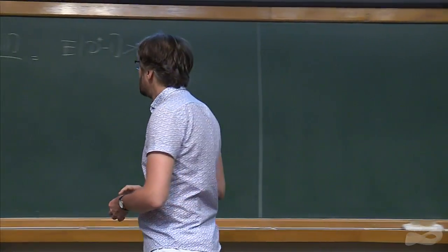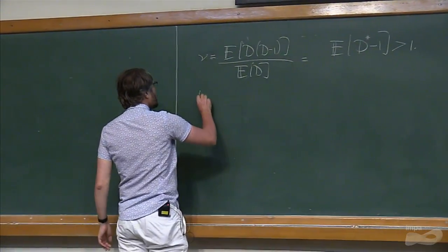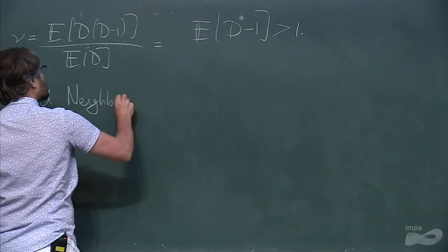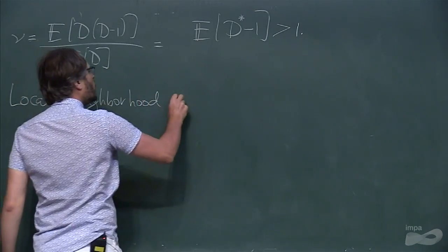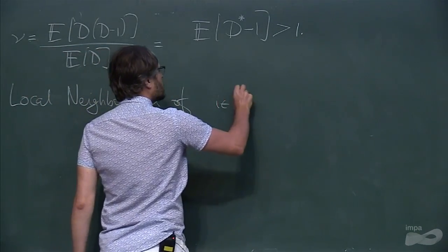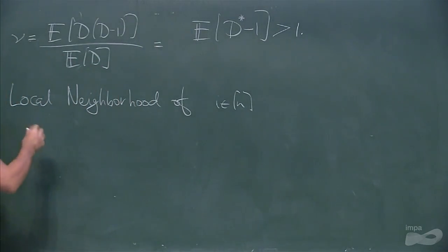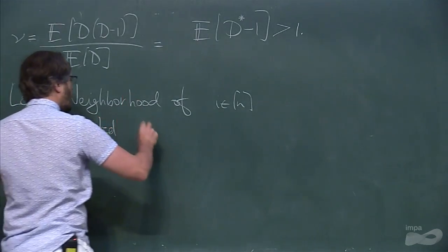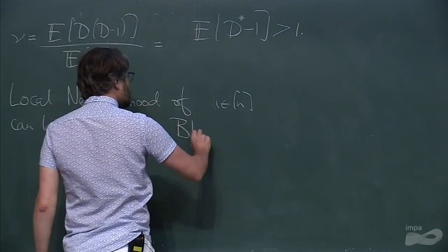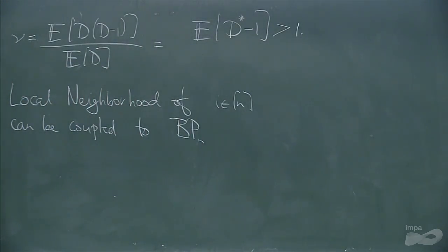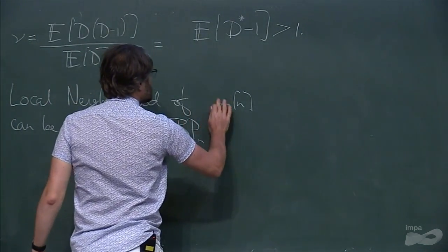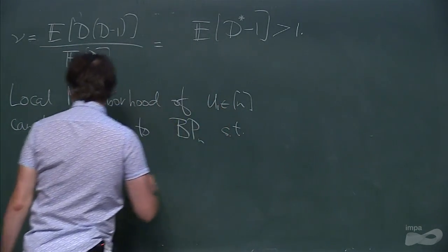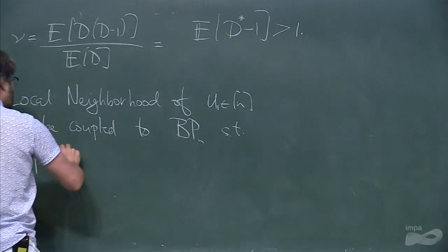So what I'll argue is that the local neighborhood of a point, of a vertex, can be coupled to a certain branching process, which depends on n. Let's do this for a random vertex, such that with high probability they are equal.